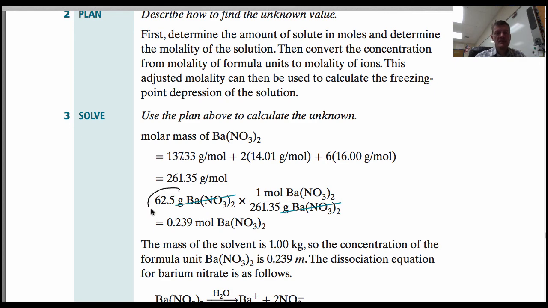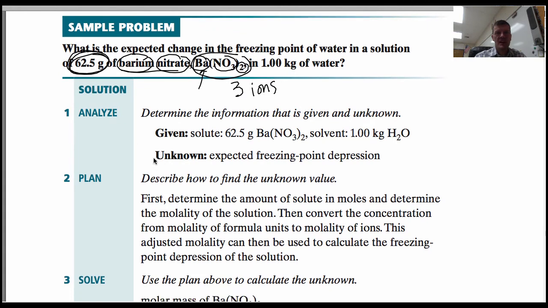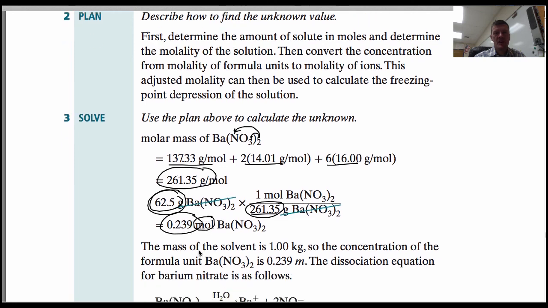We're going to take the 62.5 grams, which is given to us right here, and divide by the molar mass. This is the calculation of the molar mass right here. There's barium, and then we have 2 nitrogens and 6 oxygens for a total of 261.35. 62.5 divided by 261.35 gives us 0.239. That's how many moles of barium nitrate we have.